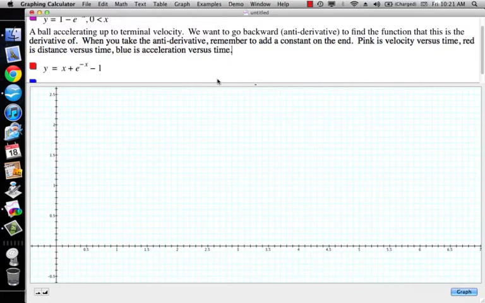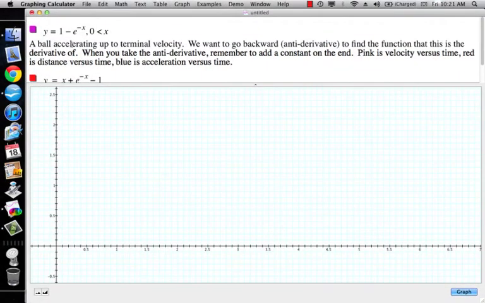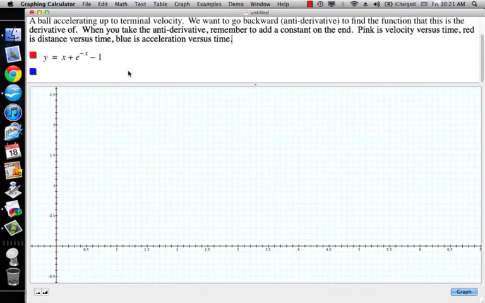Okay, so then I say, well, what's the derivative of my velocity graph? So what's the derivative of 1? It's 0. What's the derivative of negative e to the negative x? It's going to be positive e to the negative x. So my acceleration is e to the negative x.